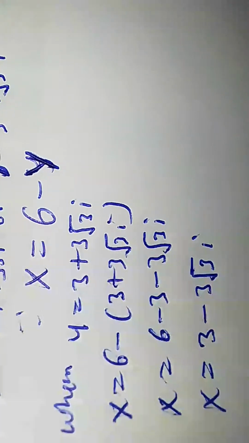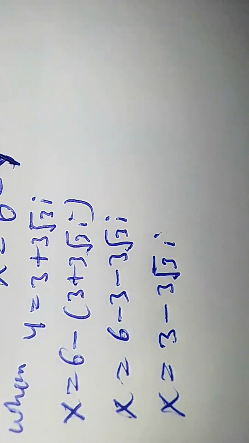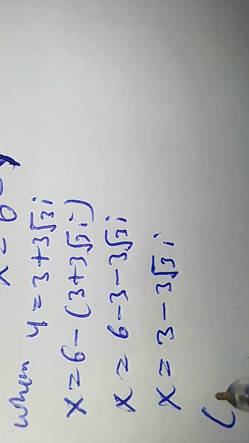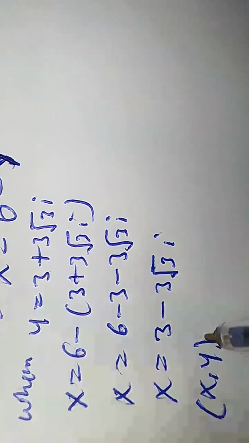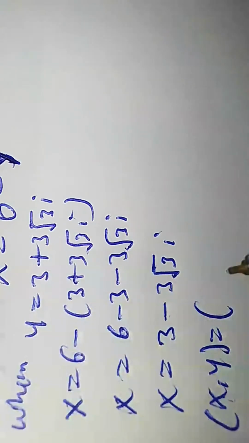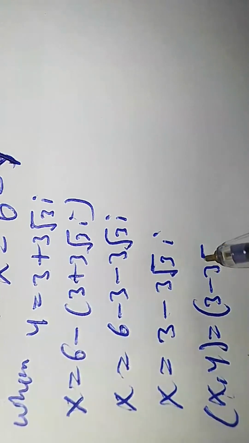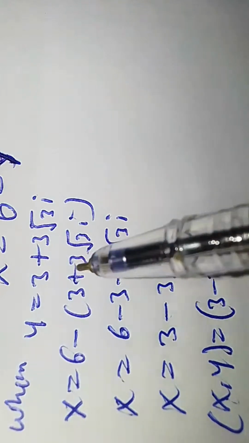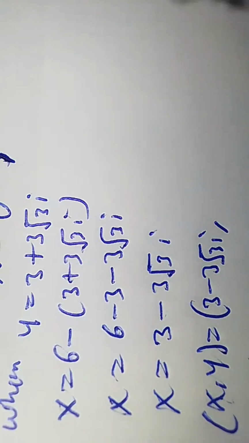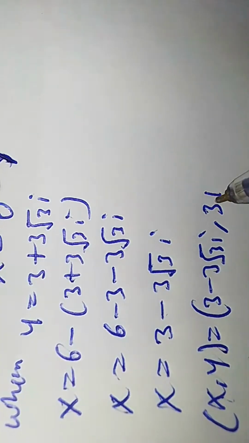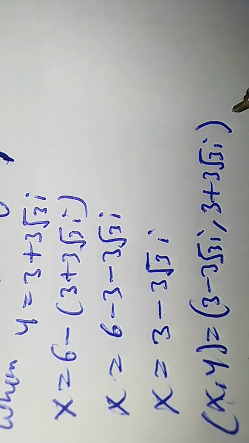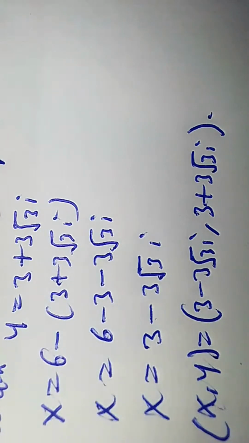That means the first solution for this algebra question is simply, let's say x comma y is equal to, our x is this, 3 minus 3 root 3i, comma, and the value of y that we obtained is this guy, 3 plus 3 root 3i. This is the first solution.